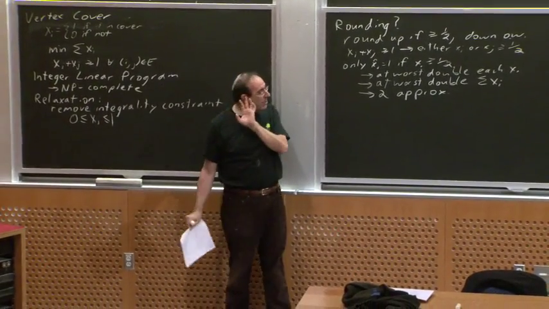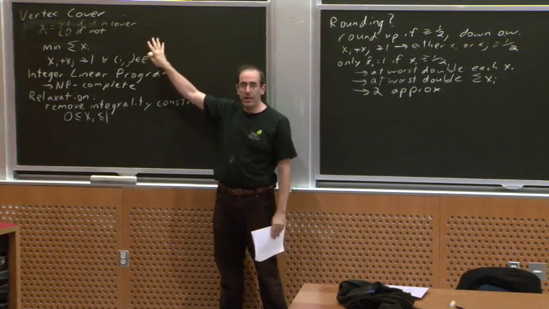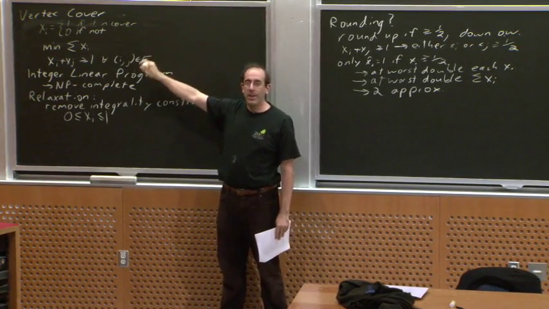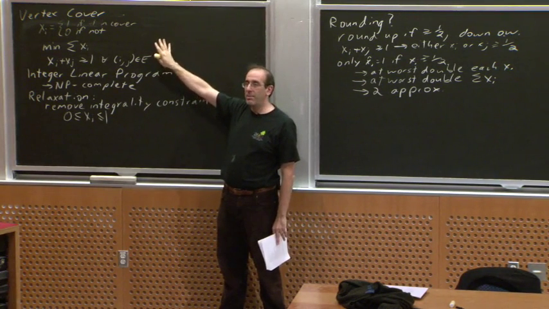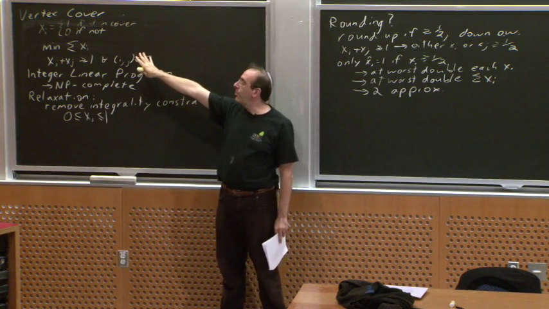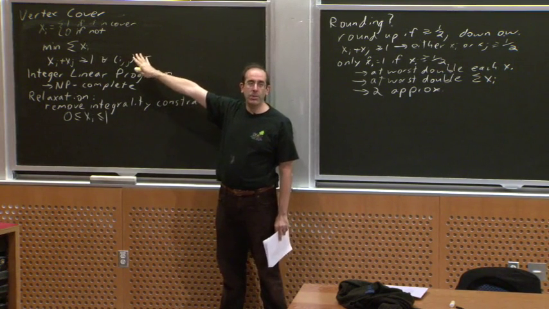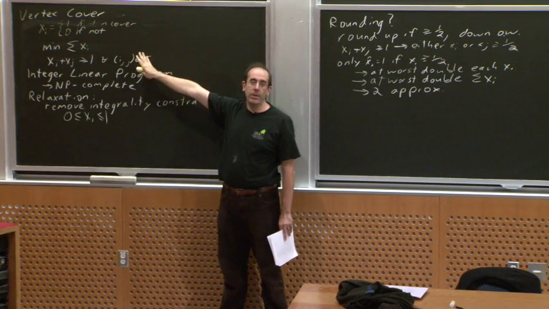Actually, there's more that you can say about this particular linear program. It's a very interesting structure. It's been studied a lot. It's called the stable set polytope. People proved that there is an optimum solution where every variable is 0, 1/2, or 1.